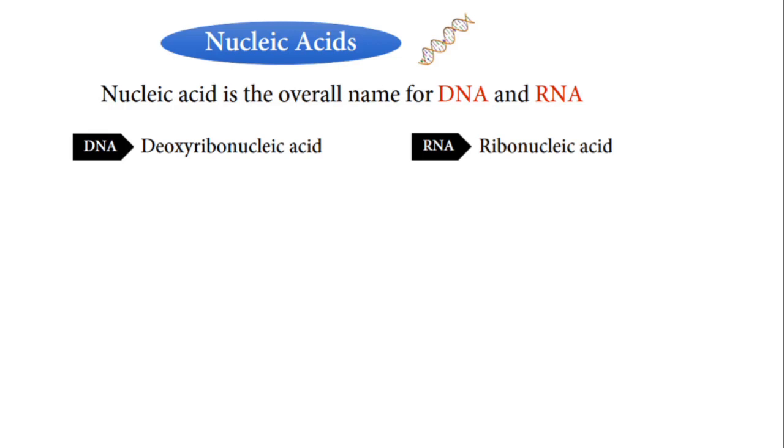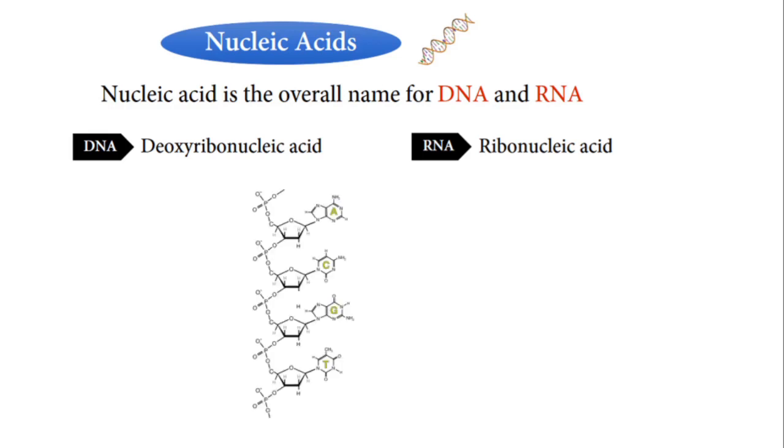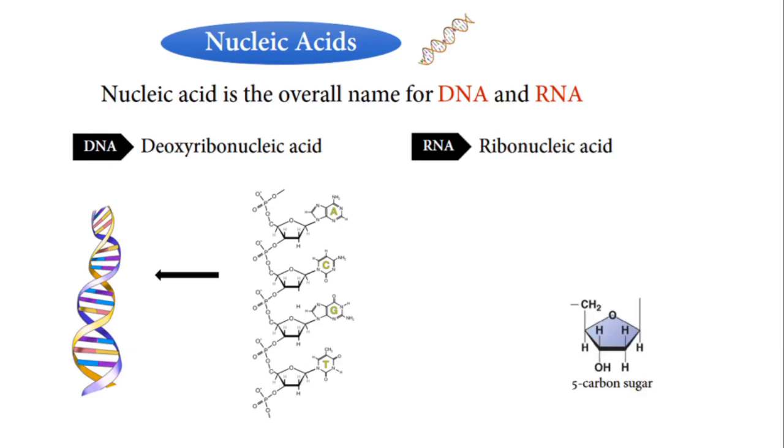A DNA molecule is made up of long chains of nucleotides, and these nucleotides are formed into two strands. A nucleotide is made up of three things that are joined together, and these three things are a 5-carbon sugar molecule, a phosphate group, and an organic base.